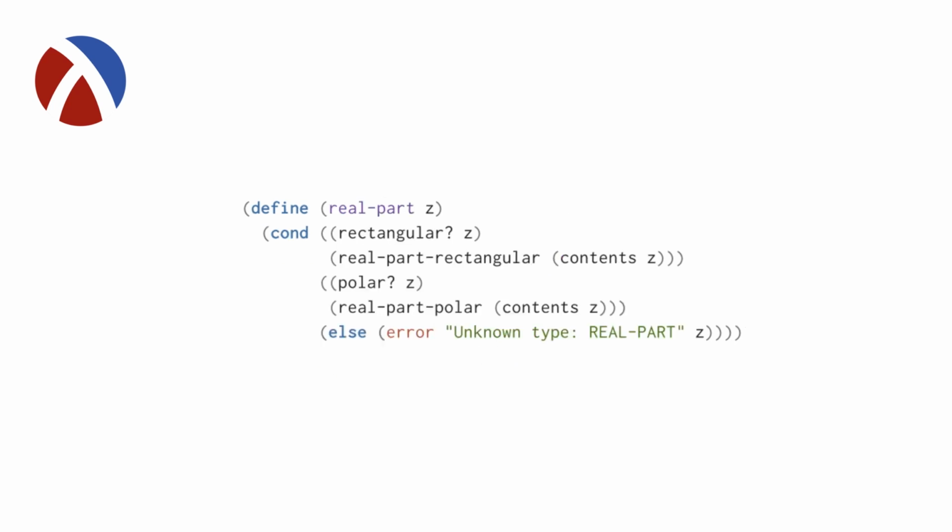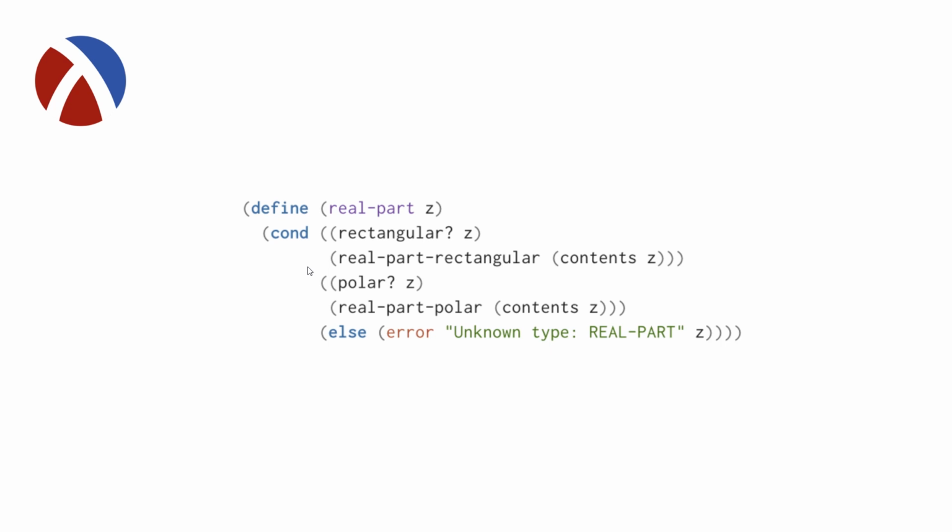And once we have this, we can now dispatch using these predicate procedures, rectangular? and polar?, to get the corresponding selector, constructor, or procedure that we want when using complex numbers. So it's checking, do we have a rectangular tag here?